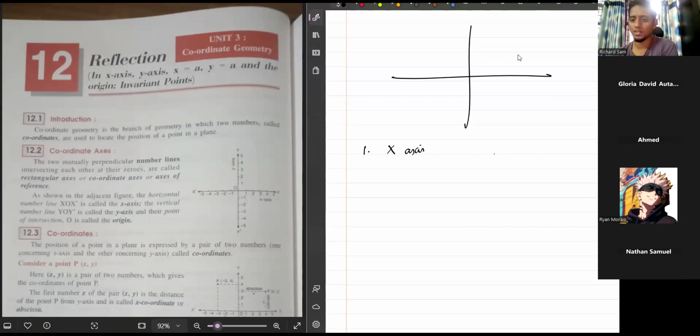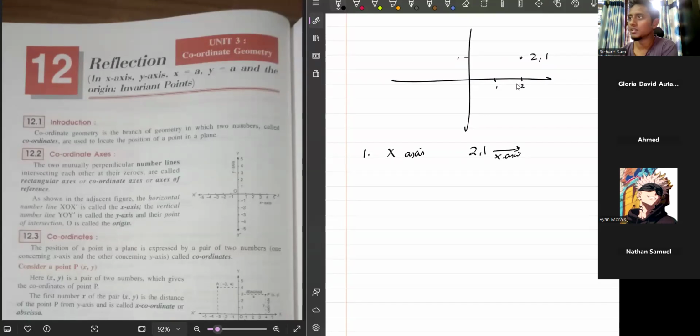Say you take a point 2 comma 1. That means 2 on the x-axis and 1 on the y-axis. So if this point reflects on the x-axis, where will its reflection be seen? 2 comma -1.